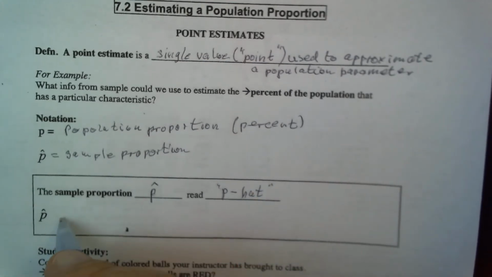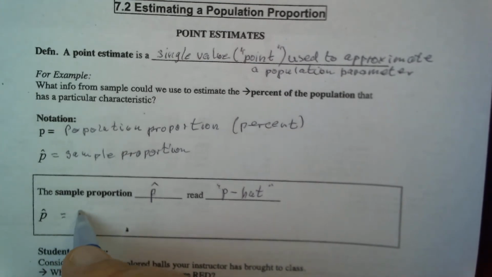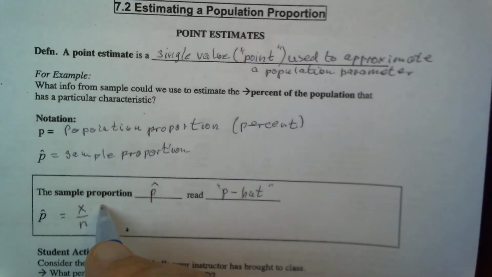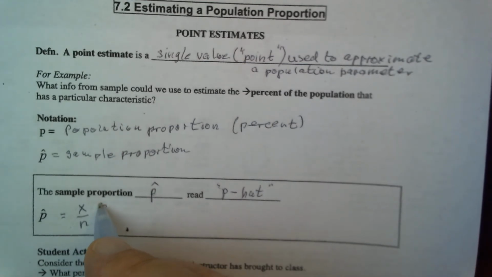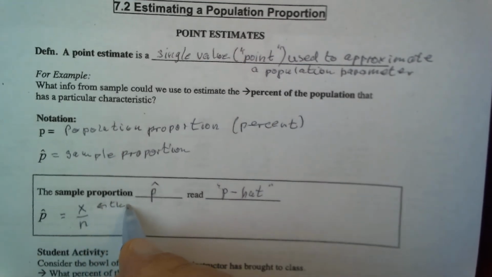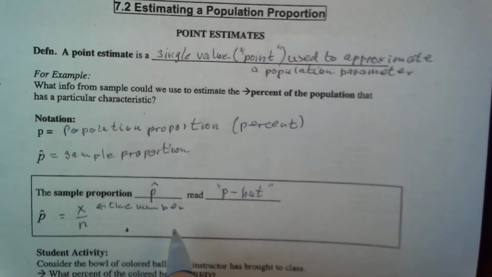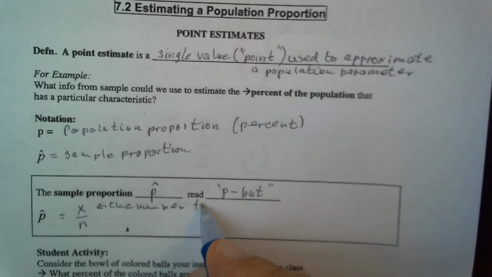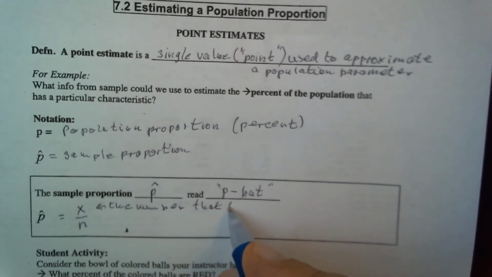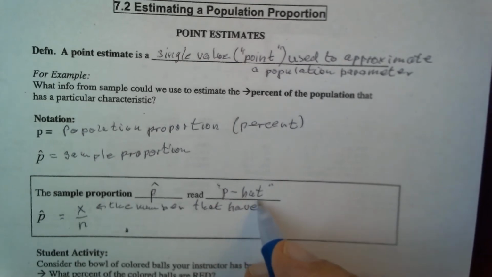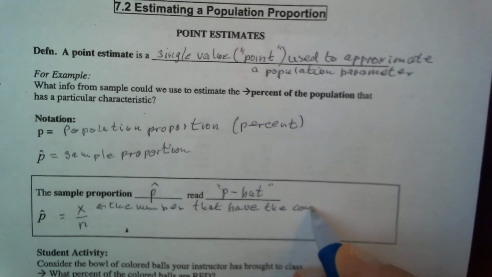So P hat is equal to x divided by n, where x is the number that have the counted characteristic.